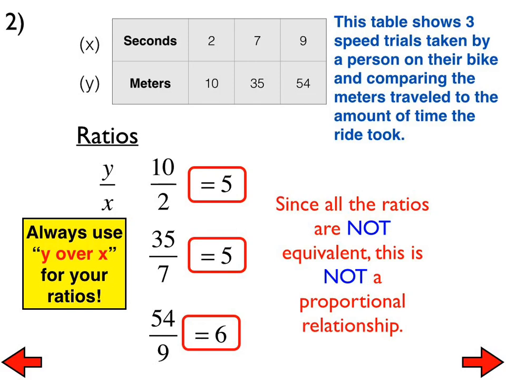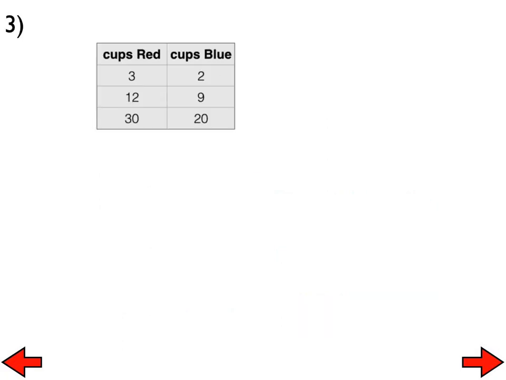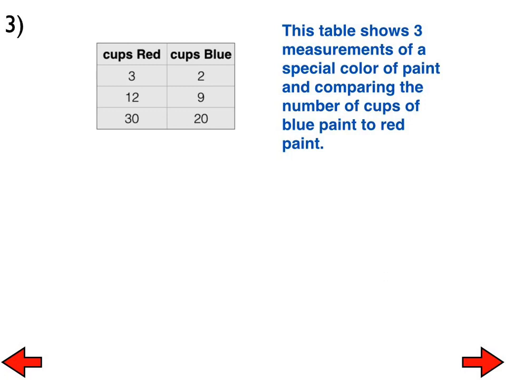Now, sometimes we have tables that are what I refer to as sideways. This table I would refer to as sideways. Okay, it's horizontal. But other times, tables are vertical, and that's what we see in number 3. In number 3, we're comparing the cups of blue paint to cups of red paint. The cups of red are represented by x.